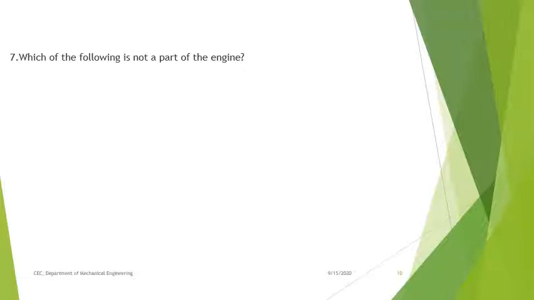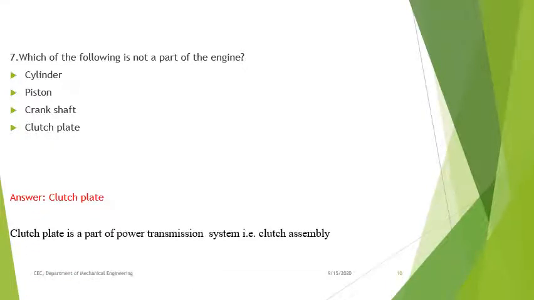Which of the following is not a part of the engine? Cylinder, piston, crankshaft, clutch plate. The answer is clutch plate. Clutch plate is a part of the power transmission system, that is the clutch assembly.